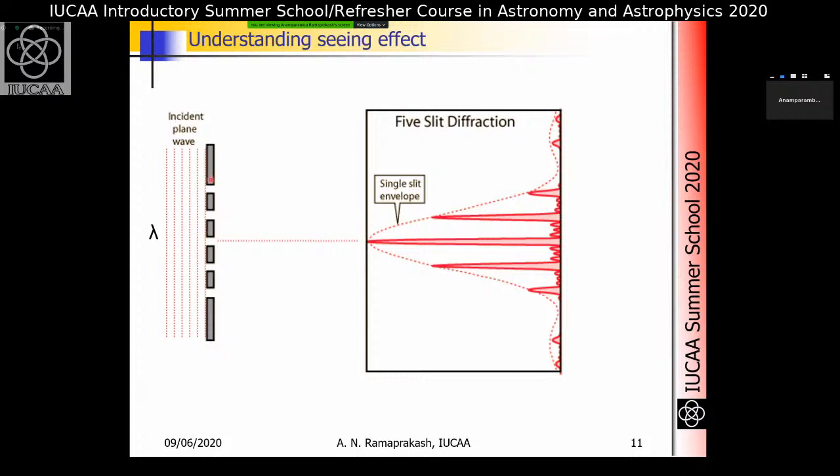Now let us see some relation between the structures on this side and structures on this side. There are three linear scales on this image. The smallest linear scale, A, is the width of the slit. The next largest linear structure is one slit opening plus one block, which I marked here as D. And the largest scale on this system is the total width of this grating.